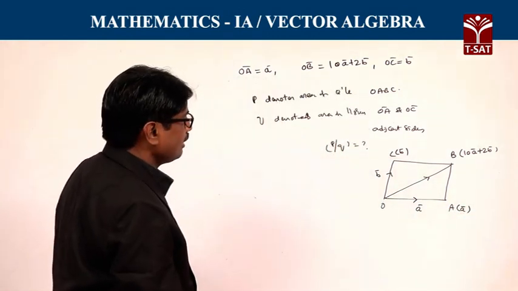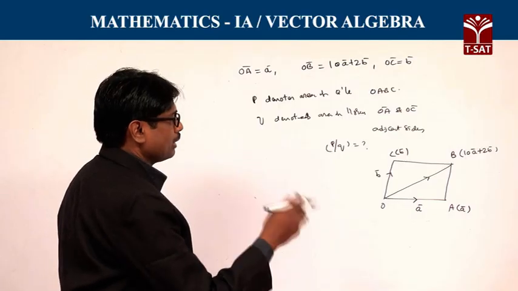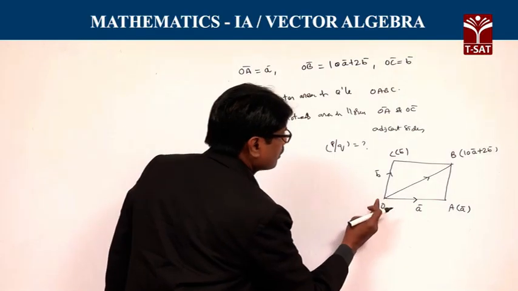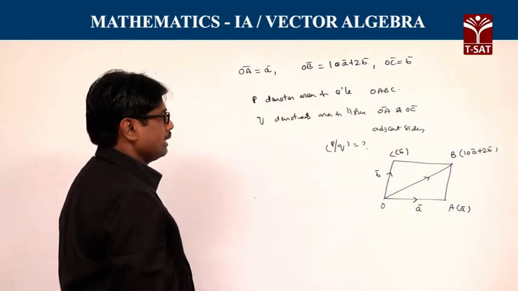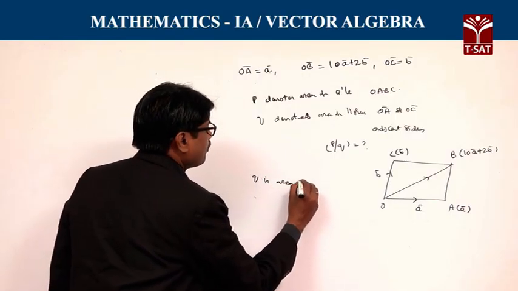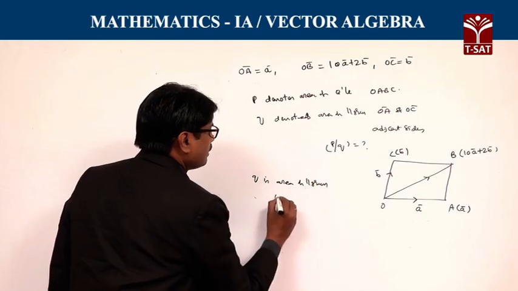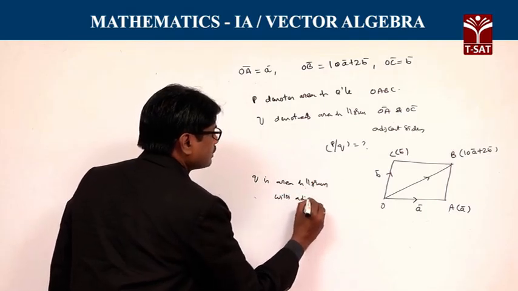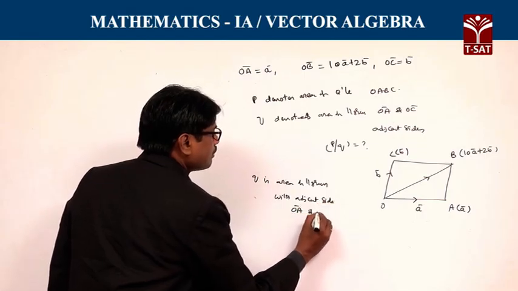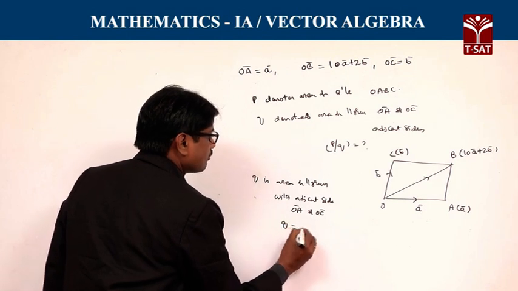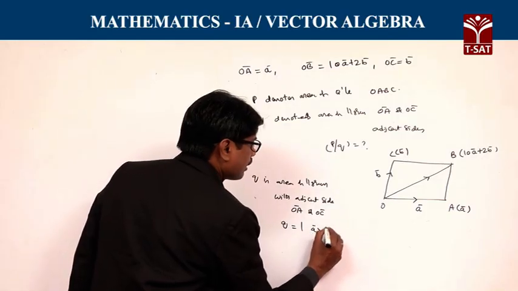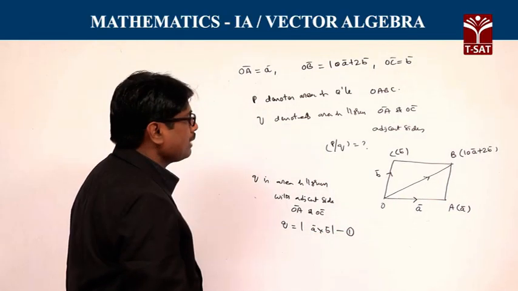Then find the area of the quadrilateral formed by OABC and area of the parallelogram with OA, OC as the adjacent sides. First Q is area of parallelogram with adjacent sides OA bar and OC bar, that is Q is equal to mod of A bar cross B bar. First one. P, what is P?